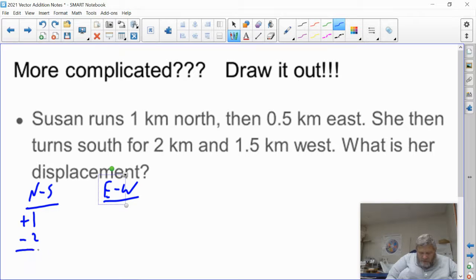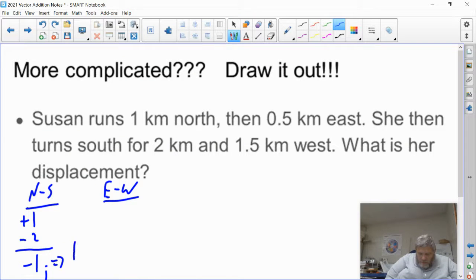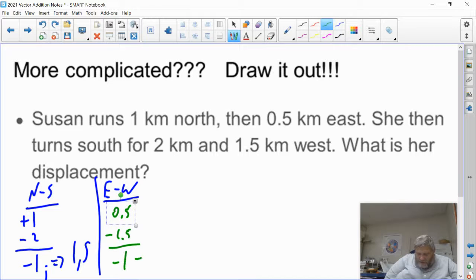If we add those two together, we get minus 1, or 1 to the south. If we do east-west, we have 0.5 east, we'll say east is positive, minus 1.5 west. So if we add those two together, we get negative 1, or 1 to the west.